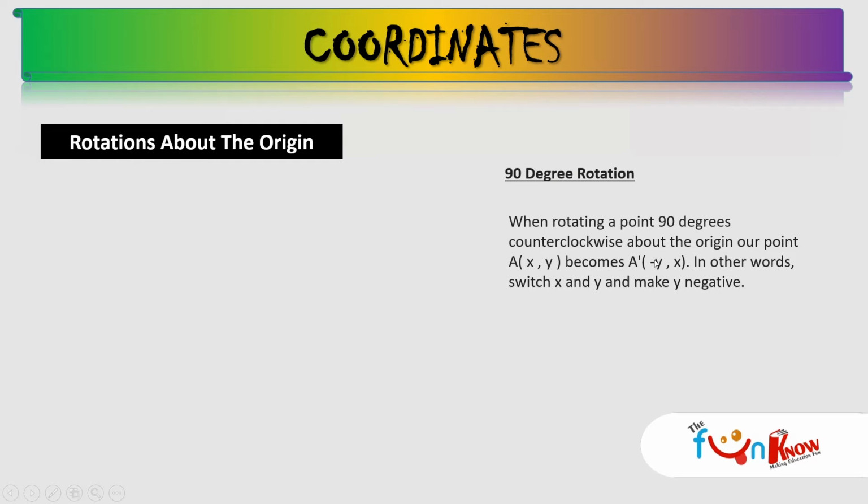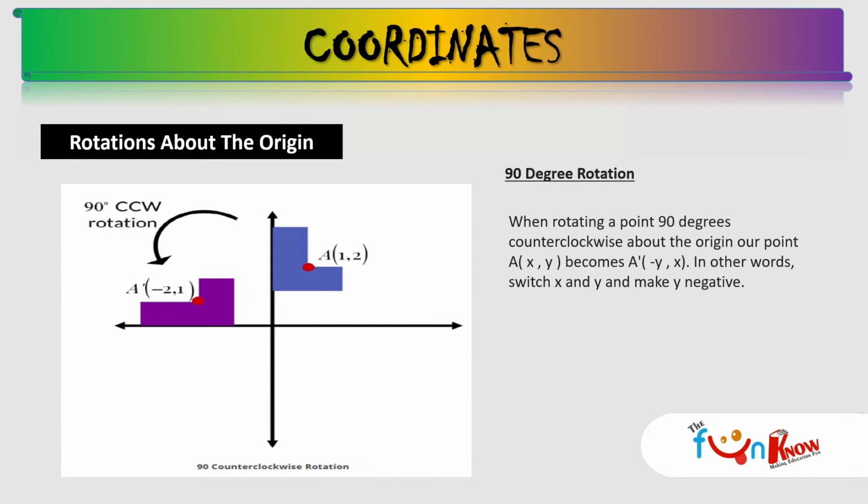So whenever someone tells you 90 degree rotation, that means x and y switch their positions and y becomes negative. You can see here, the original point A was (1, 2), where 1 is x and 2 is y. After 90 degree rotation counterclockwise, the new point is obtained: 2 was in the y position and becomes minus 2, that is minus y, and x which was 1 is now in the y position.